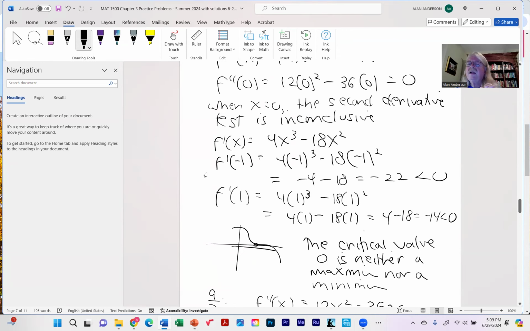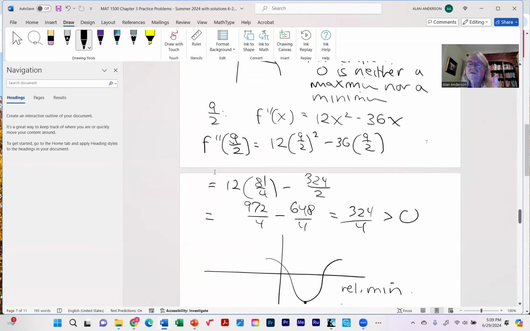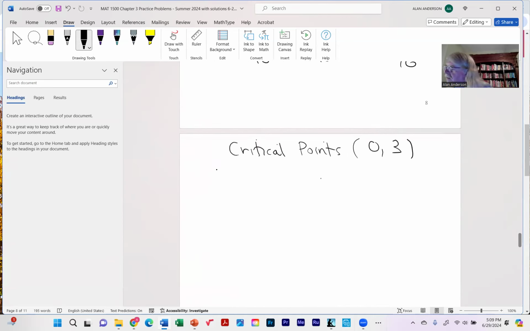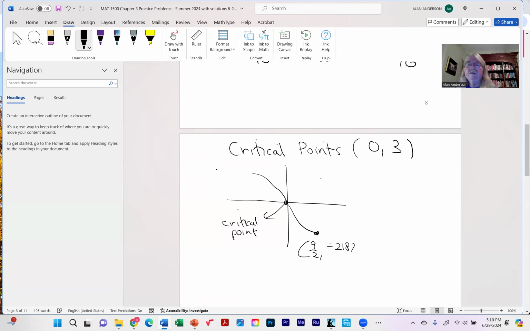In the area surrounding 0, the curve was decreasing. The slope is decreasing at both points. So even though this was technically a critical point, it's not a minimum or maximum.